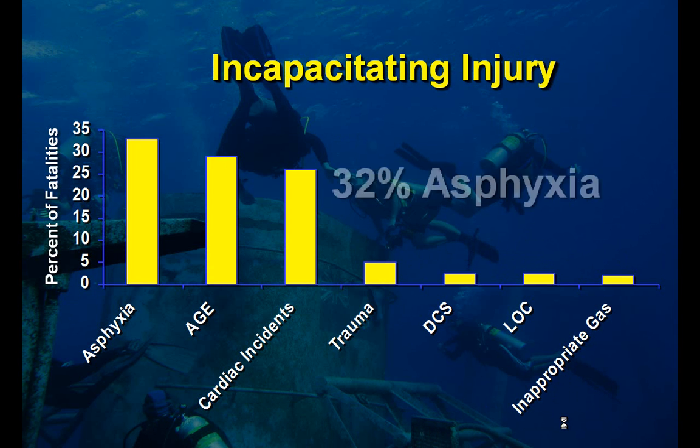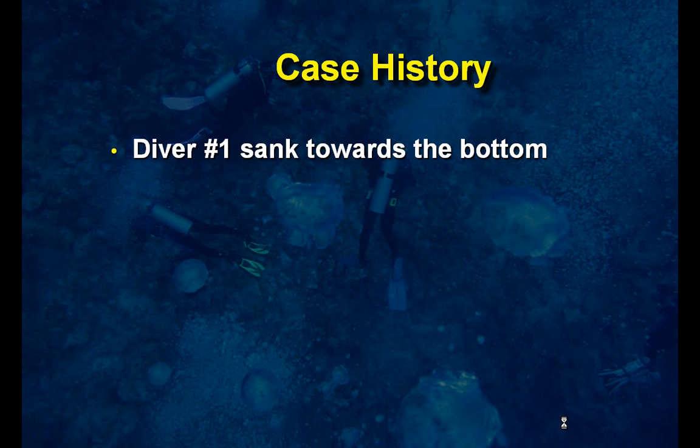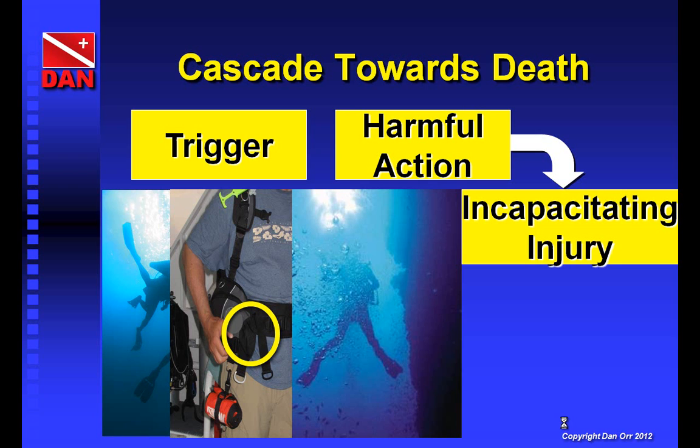And the data says, of course, asphyxia is simply nothing to breathe. That was the case with these people. They were running out of air. And he, in a heroic act, pushed her away and literally saved her life. So diver number 1 originally ran out of air and was sinking towards the bottom. Diver number 3, once the person got to the surface, looked down and saw another person coming across the bottom to provide assistance to the guy who originally ran out of air.